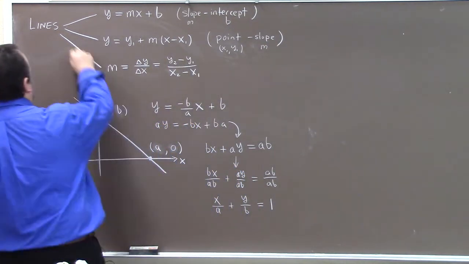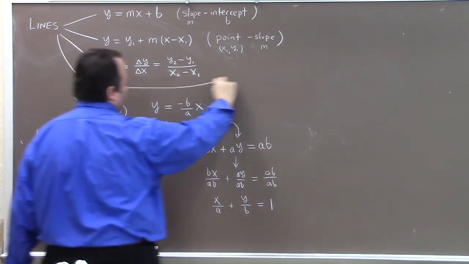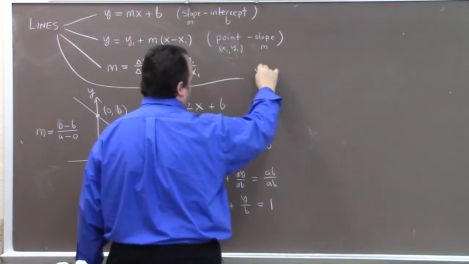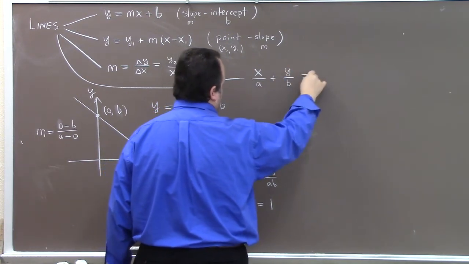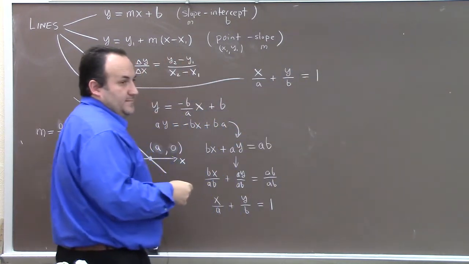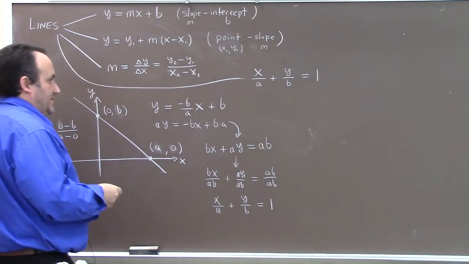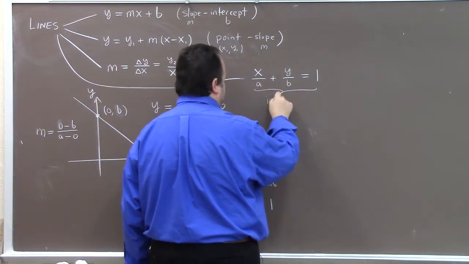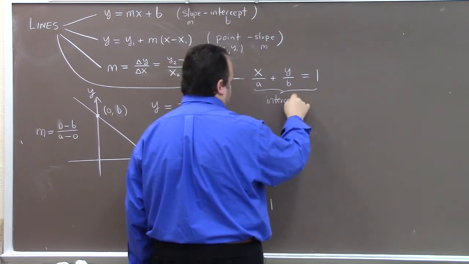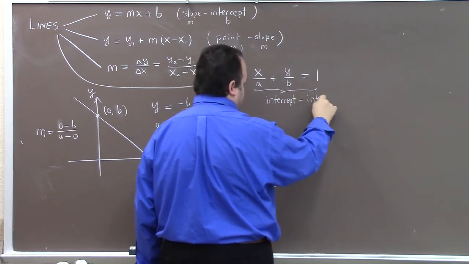So lo and behold, the other form for the line is x over a plus y over b equals 1. This is the intercept form of a line, which I almost never teach or use, but there it is.